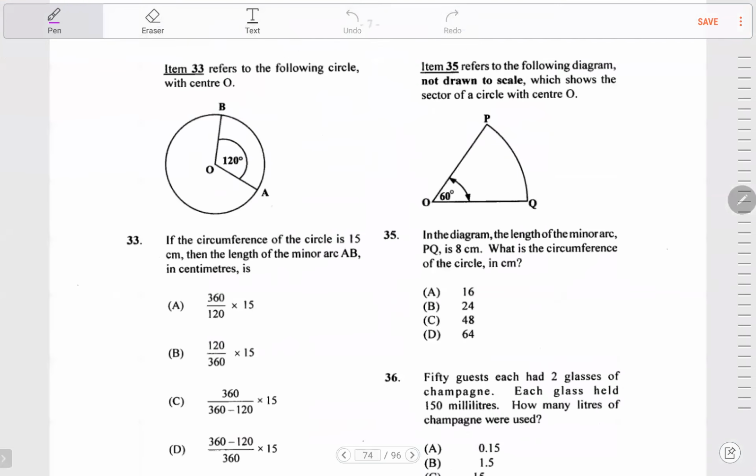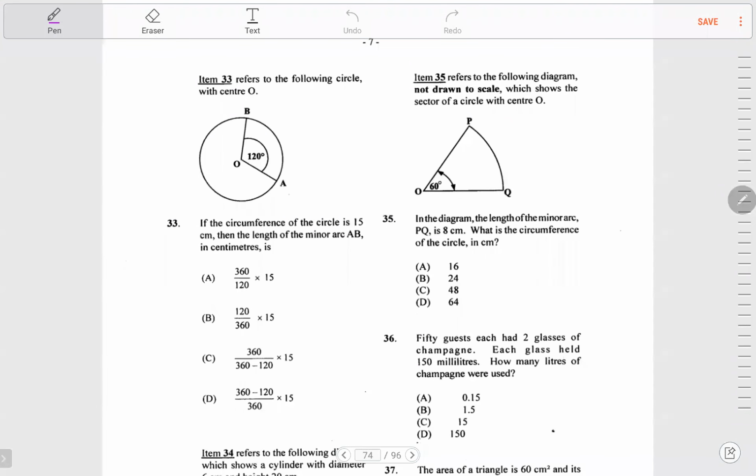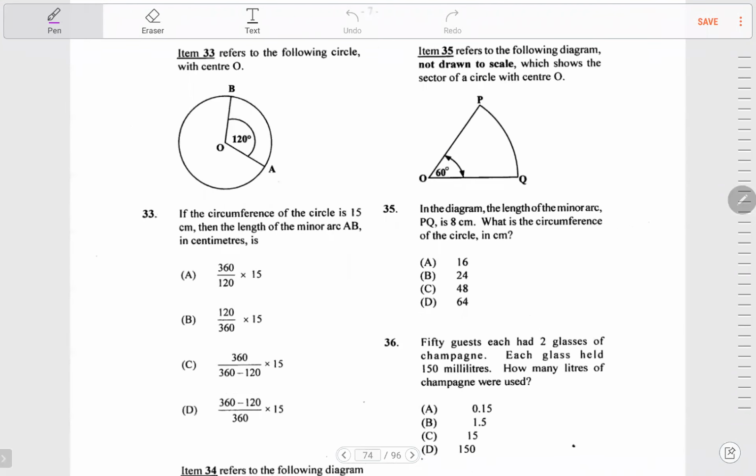First time I see that one, too. I remember seeing that one. This one says, if the circumference is 15, then the length of the minor arc is theta over 360 times the circumference. The angle is 120, so theta is 120.